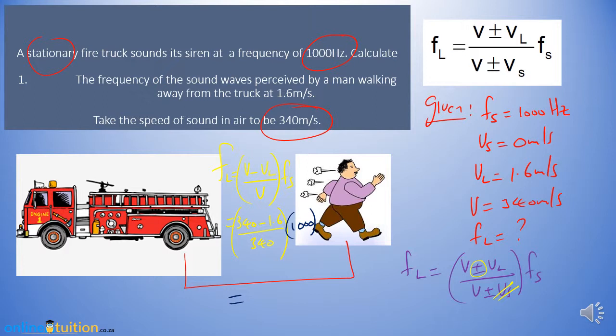Work this out, and then we multiply that by 1000, and we end up with 995 hertz, which is less than 1000 hertz, as expected.